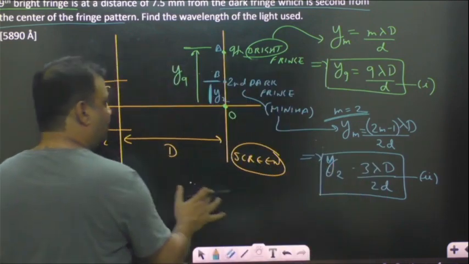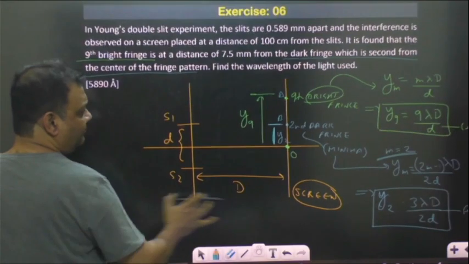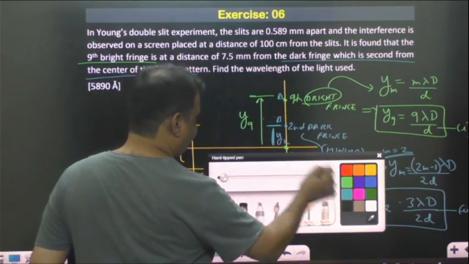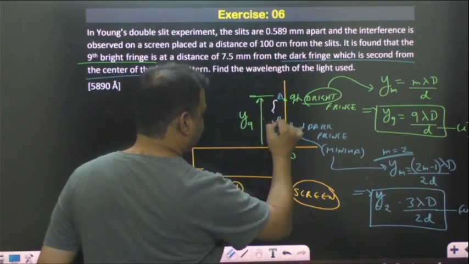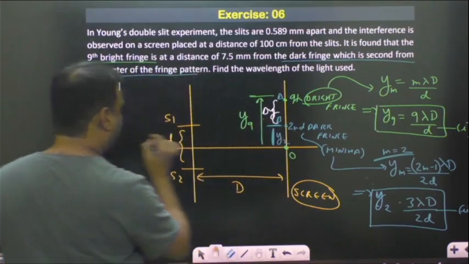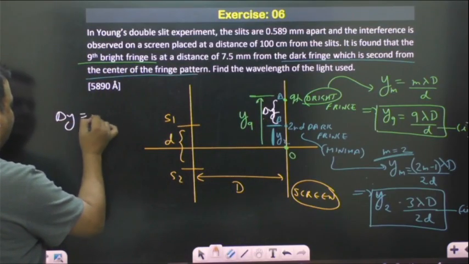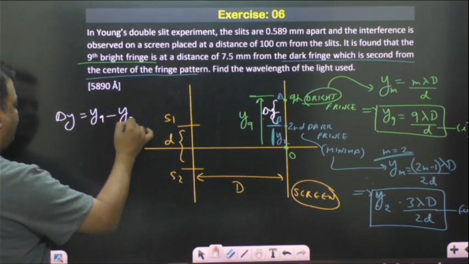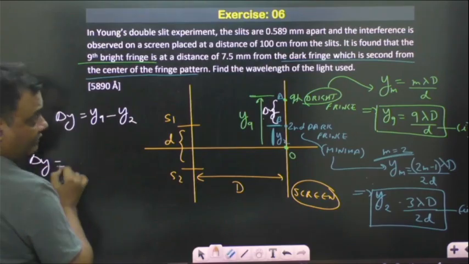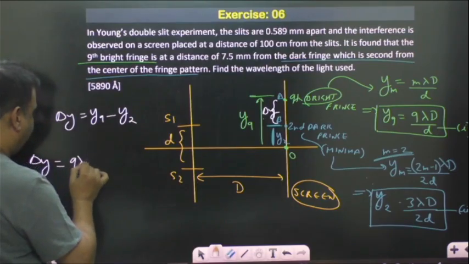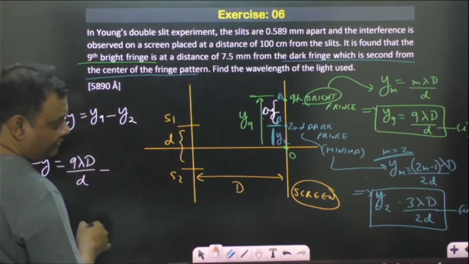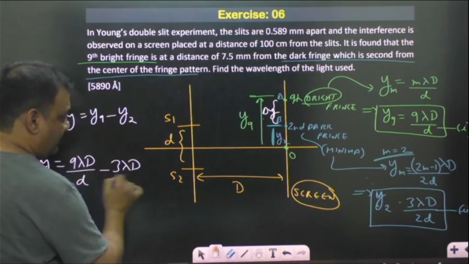Okay. Now what will be the distance between them? So you will say the distance between them will be this, say delta y. So delta y will be y9 minus y2. So delta y will be 9 lambda capital D by small d minus 3 lambda capital D by 2d.